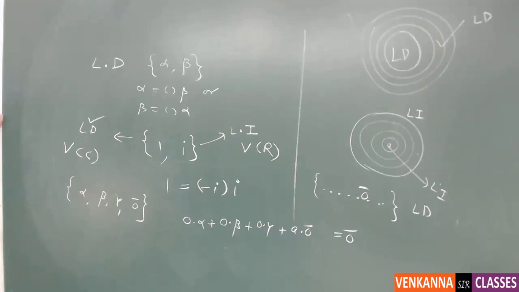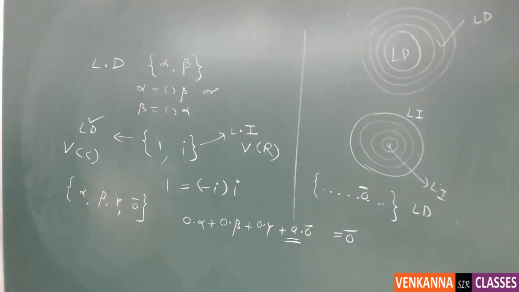So whenever I am given a set of vectors, if you want to check whether it is LD or not, it is very simple: just check whether it contains a zero vector or not. If it contains a zero vector, it is an LD set.